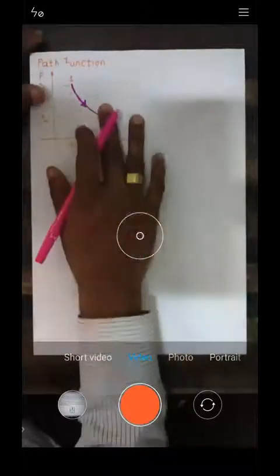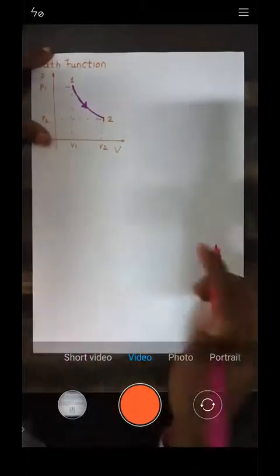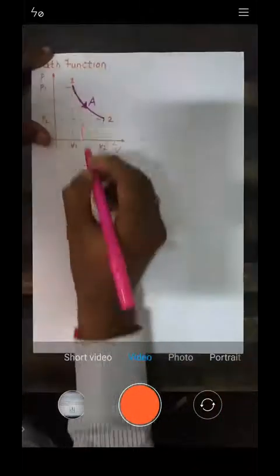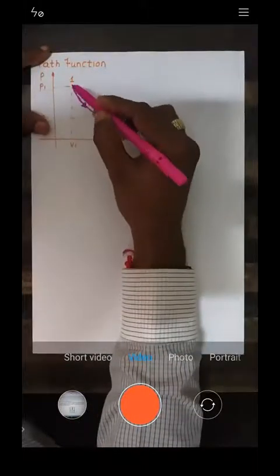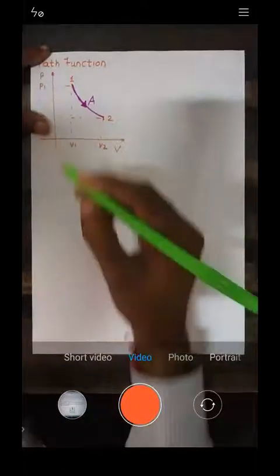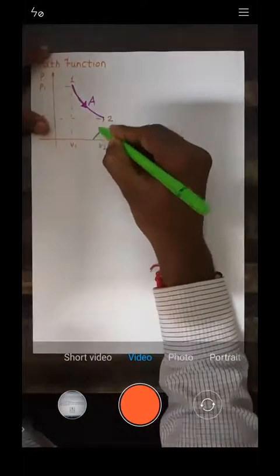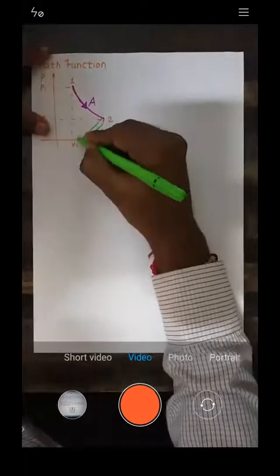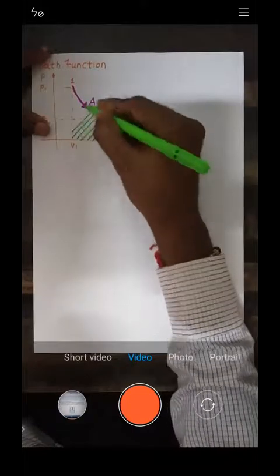In such a case, let me write this as A. So our path is 1A2. And if you calculate the area below that path, this is the area which is coming below that path.